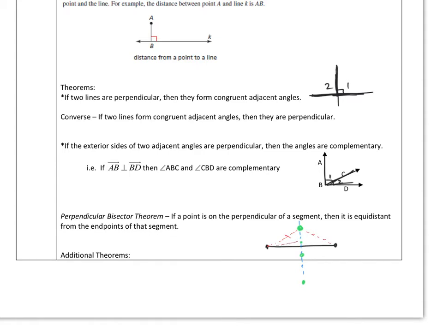Down here, this segment would be congruent to that one, and this one to this one.